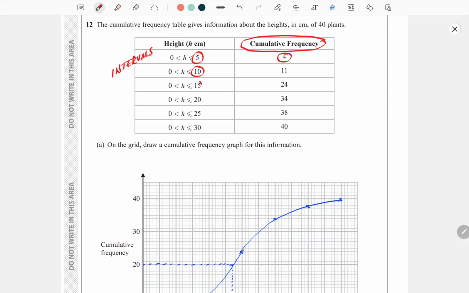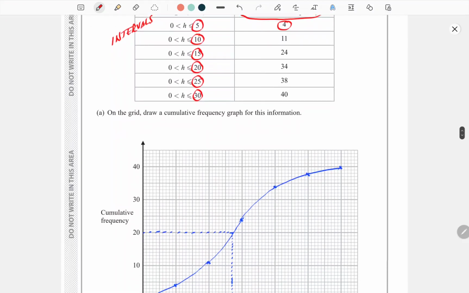So in each case, we're plotting that value at the bottom, right? Because what a cumulative frequency is saying is that up to 5 centimeters, there's 4 of them. So up to 5 centimeters, the frequency is 4. We don't know where the frequency is in those 5 centimeters, so we have to go with the end value in each case. I hope that's explained.